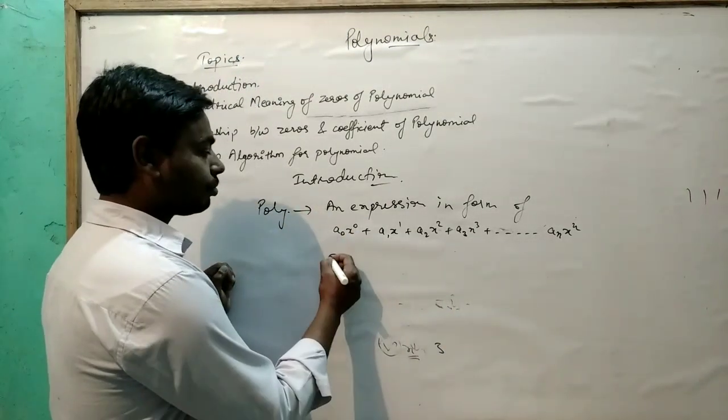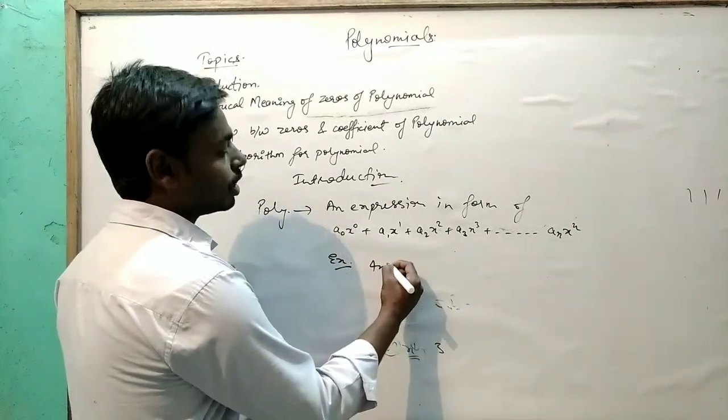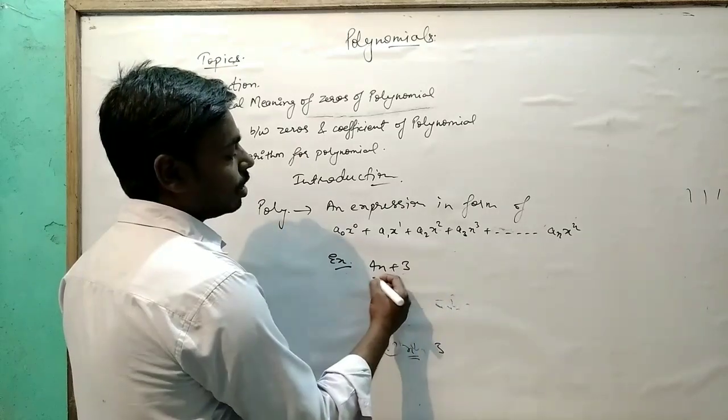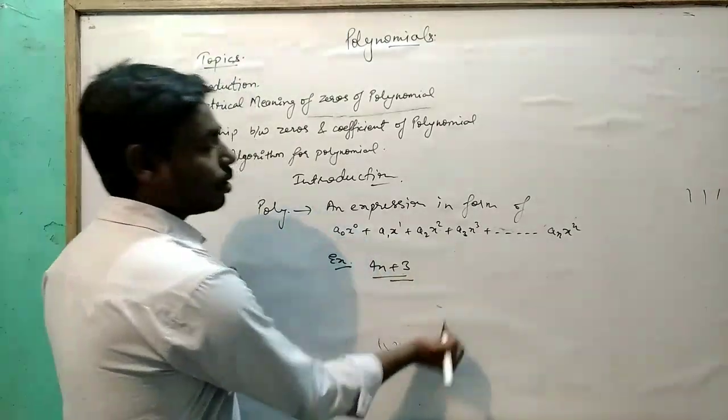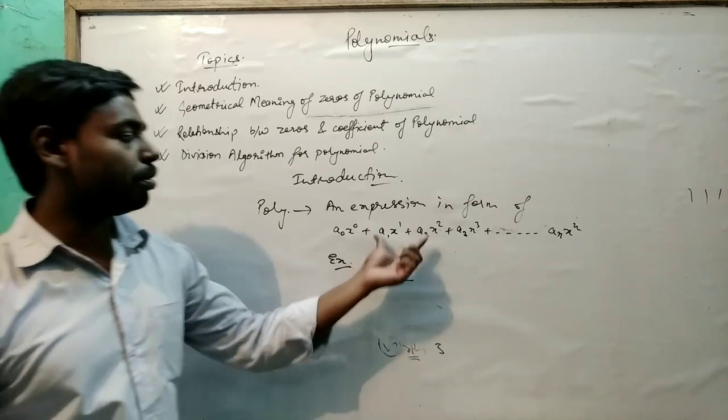Example, 4x plus 3 is a polynomial which is in the form of this.